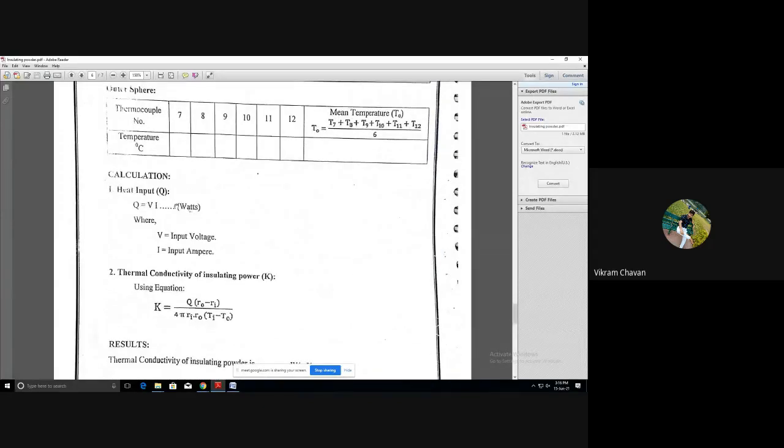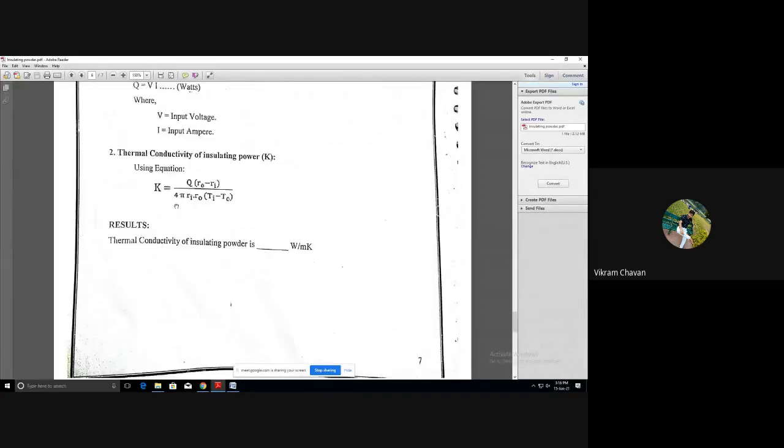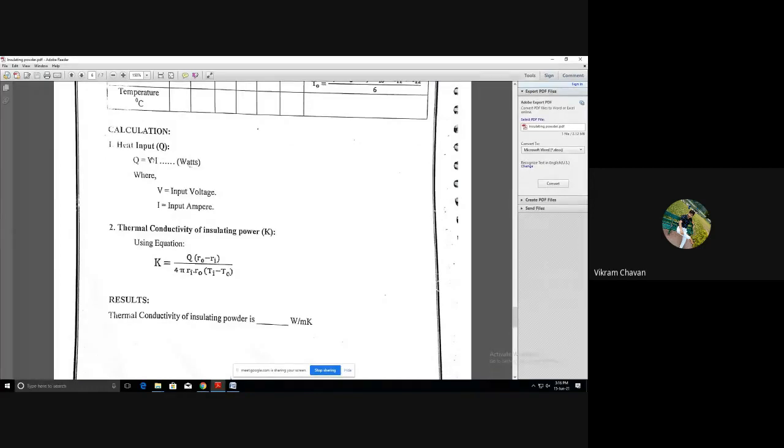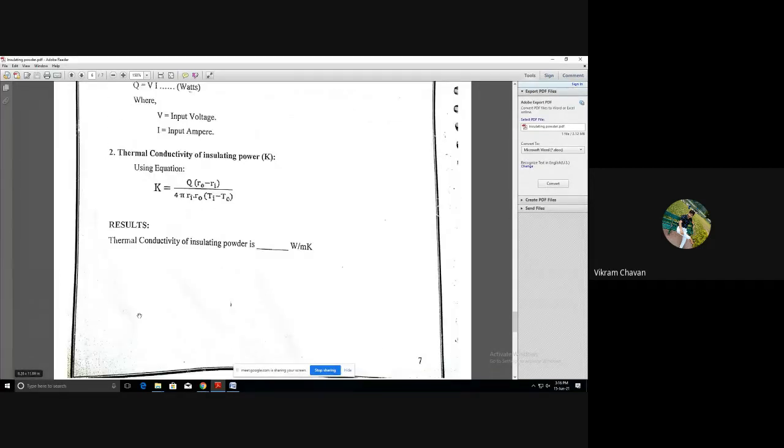Then directly write the observation, draw the table and write the readings. Finally do the calculation and result, that much only. Hardly in 3 pages you can finish the write-up part of the first experiment.